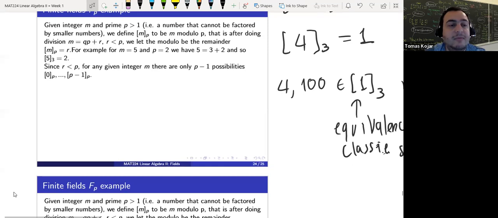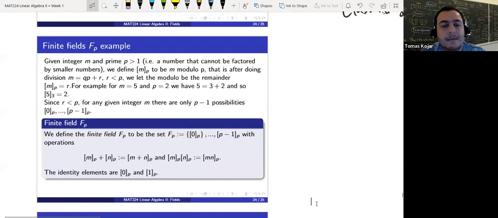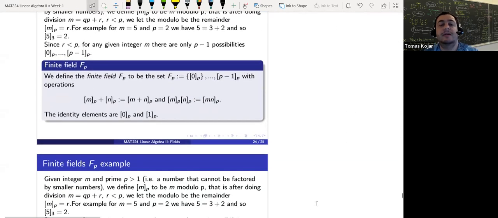So you have those p equivalence classes, and our definition for the finite field F_p is this one over here. We take it to be the remainders, so 0 to p minus 1. Now, addition and multiplication are not quite the same as before.